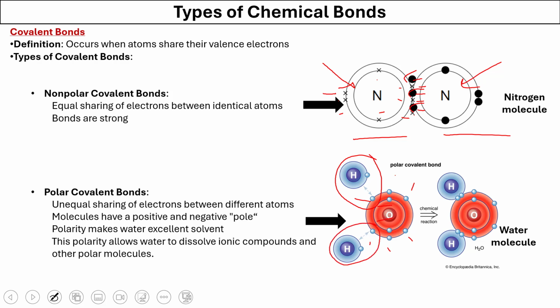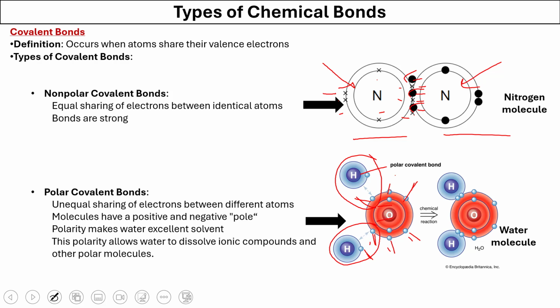So hydrogen will end up having 2, and oxygen will end up having 8 electrons. So the outer shell of both the atoms is completed.